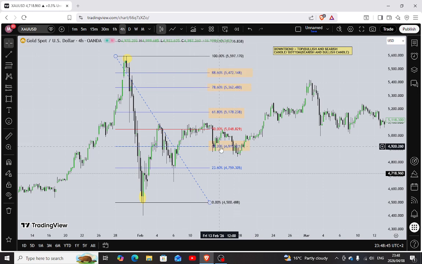If the market gets into these areas, you take your sell, you take your sell, you take your sell. The 50% and 100% levels are kind of in between.